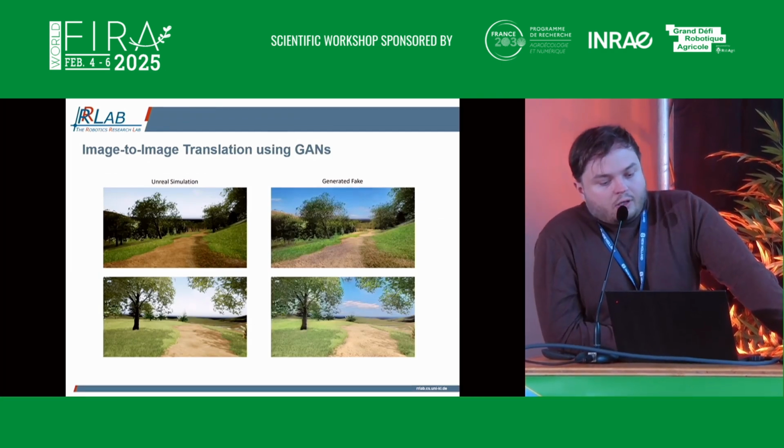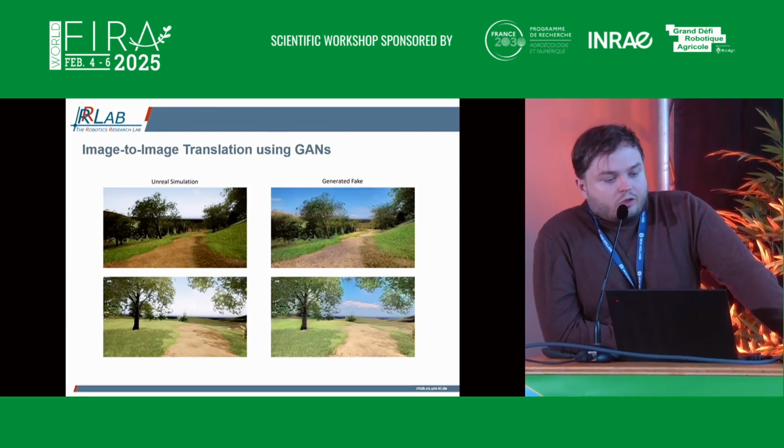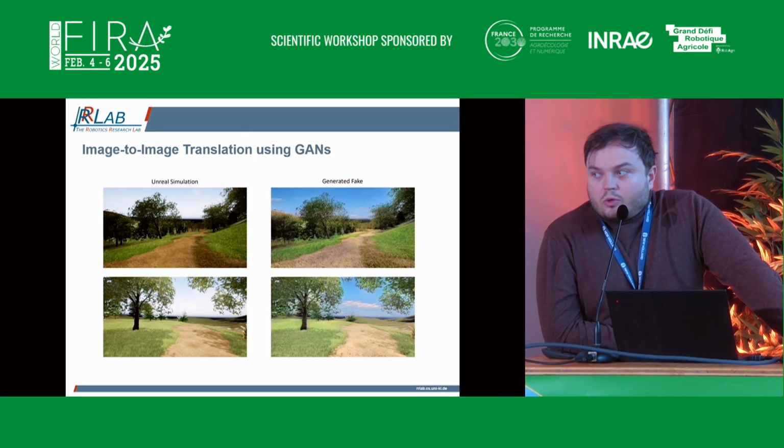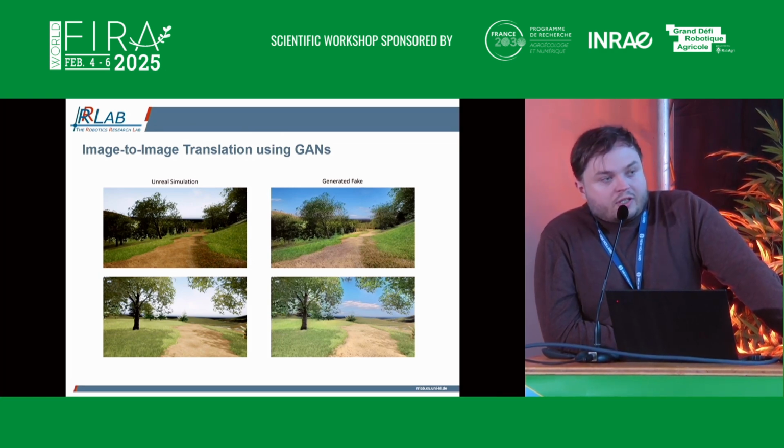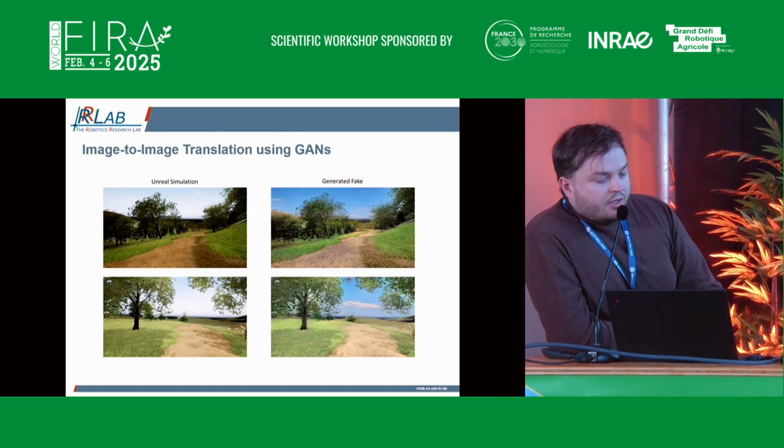Next up is maybe my favorite topic, and this is image-to-image translation using so-called generative adversarial networks. Maybe many of you know already that a lot of algorithms in the image generation space also came to prominence recently. This is similar. So we take an image from the simulation.